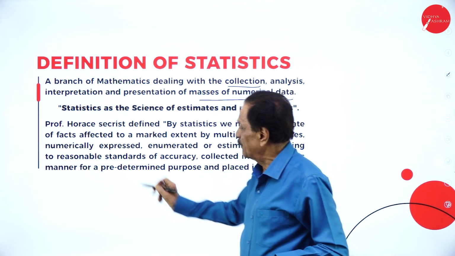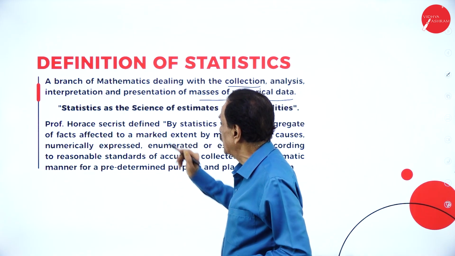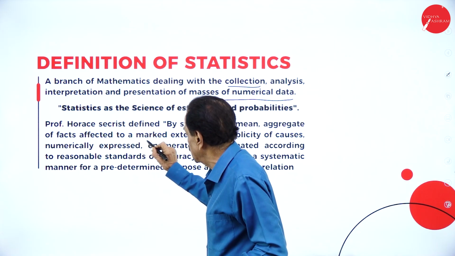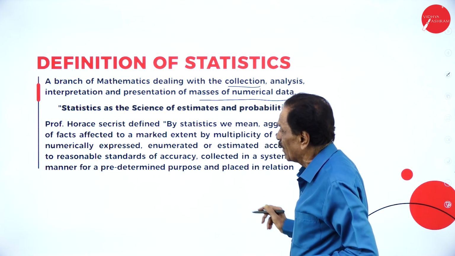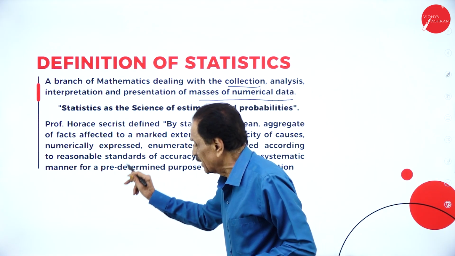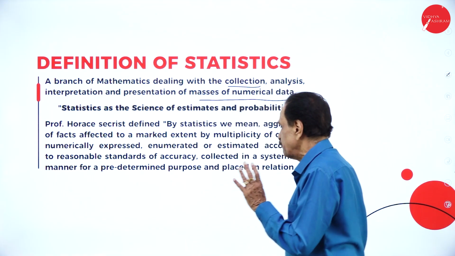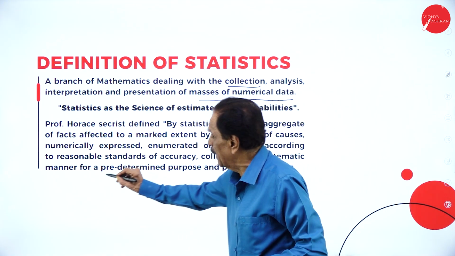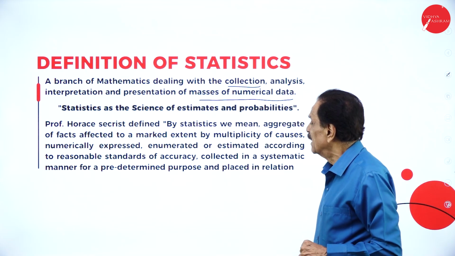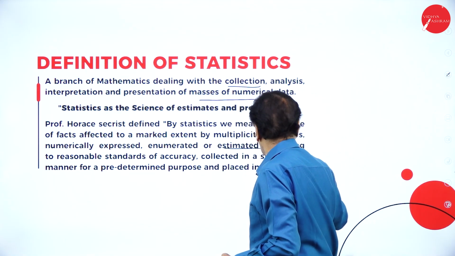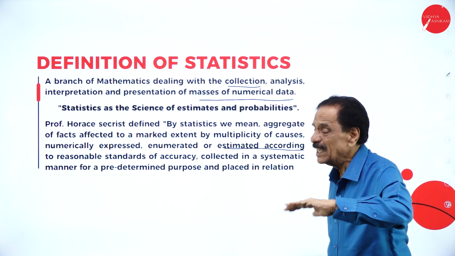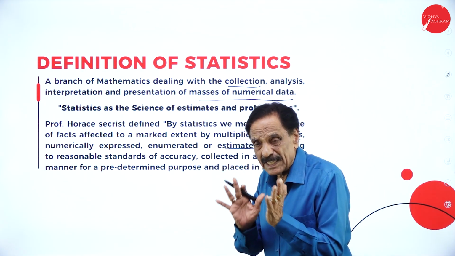Another author, Professor Secrist, defines statistics as an aggregate of facts affected to a marked extent by a multiplicity of causes, numerically expressed, enumerated or estimated according to reasonable standards of accuracy, collected in a systematic manner for a predetermined purpose and placed in relation. Whatever figures are available are analyzed in such a way that accuracy has to be calculated.